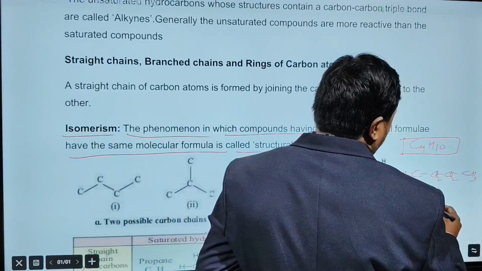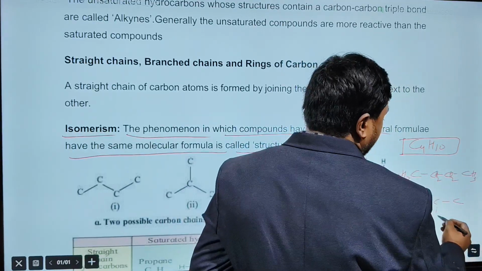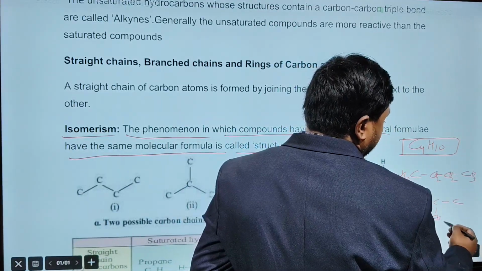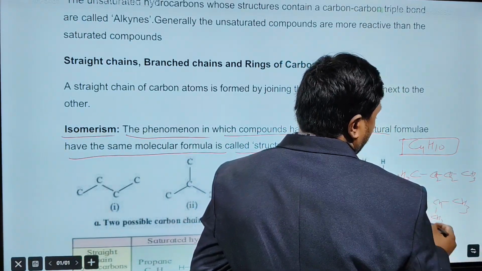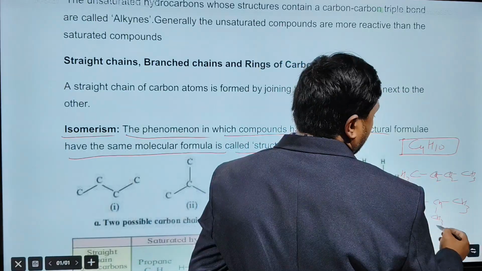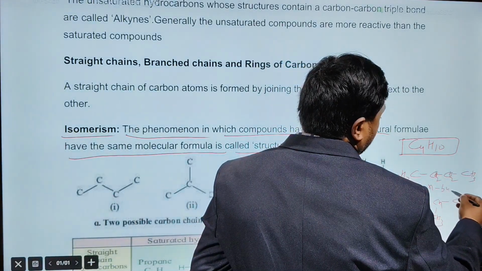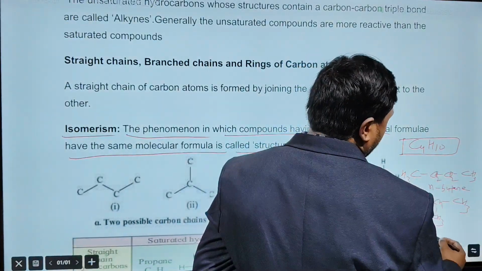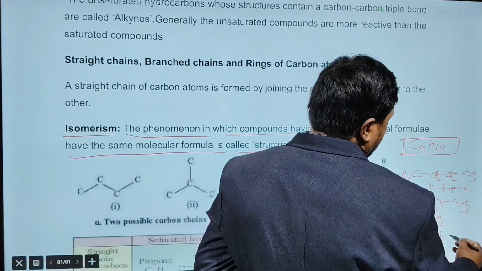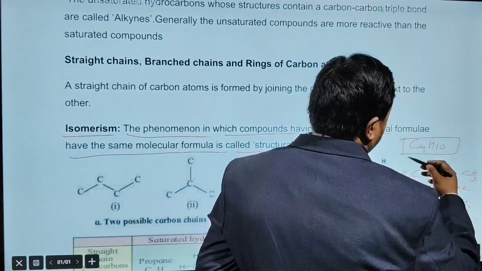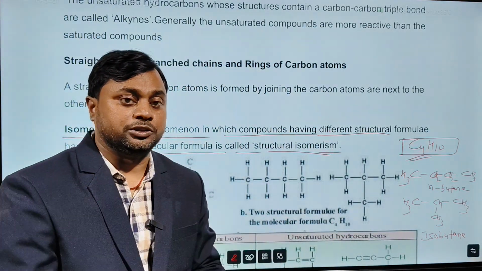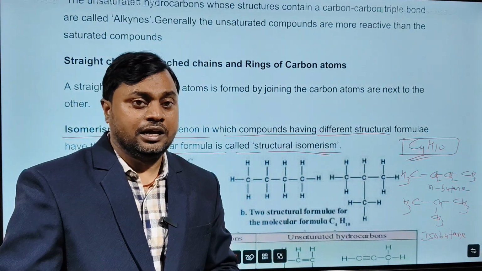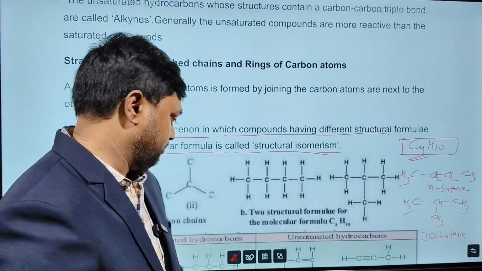This is normal butane. Or we can write 3 in a straight chain and 1 in a branch chain, with hydrogens completing each single bond. The first one is normal butane and the second is isobutane. The formulas are the same but the structures are different. Similarly, pentane has 3 isomers: isopentane, neopentane, and normal pentane.